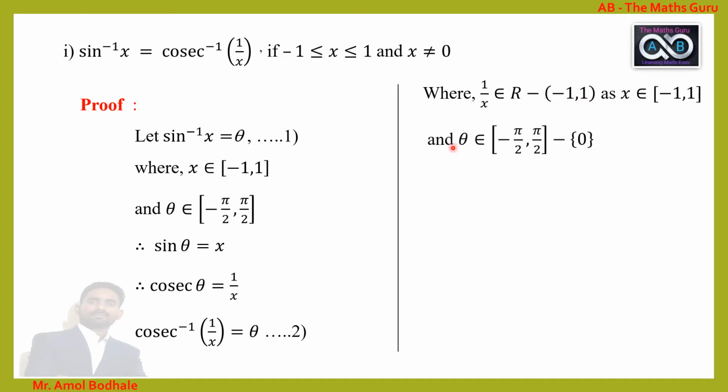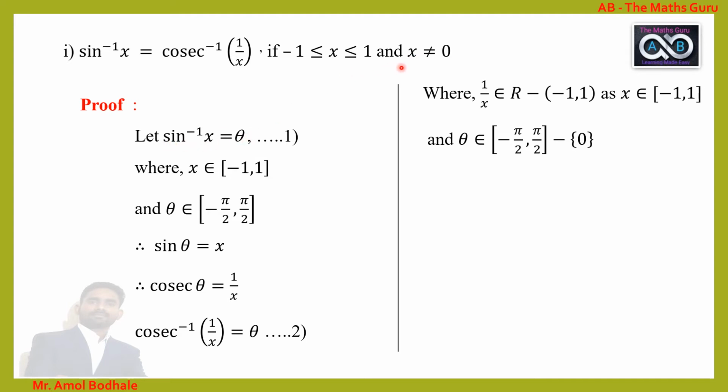And theta must belong to the range of cosec inverse, which is the closed interval minus pi by 2 comma pi by 2 except 0. As here theta belongs to minus pi by 2 comma pi by 2, this theta also belongs to minus pi by 2 comma pi by 2 except 0, as given x is not equal to 0. So obviously sine inverse of 0 is 0.